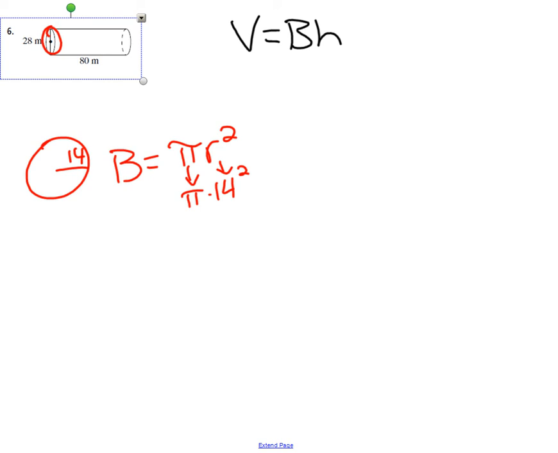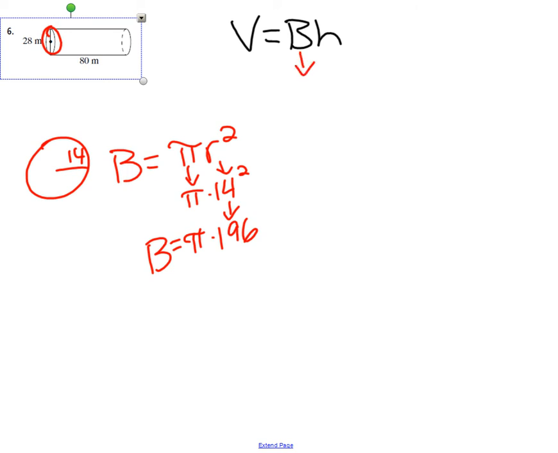So we do 14 squared, which gives us 196. Thank you to the people who still have their charts. Always useful. Times pi. So that is the area of our base. 196 times pi. That is the answer.